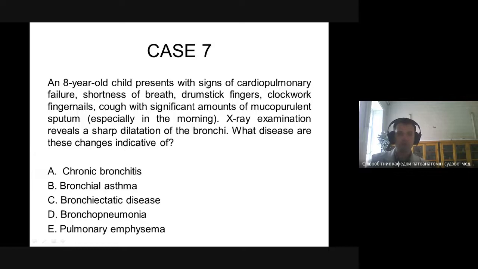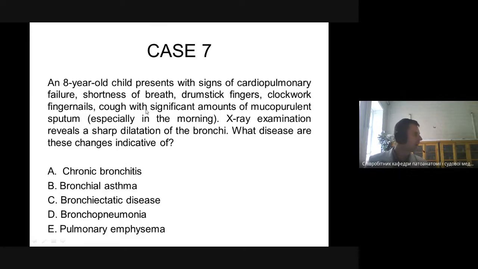First of all, you should understand that shortness of breath, drumstick fingers, clockwork fingernails are non-specific. They are just signs of cardiopulmonary failure. So they had cardiopulmonary failure and then they repeated what exactly was revealed in that patient: mucopurulent sputum. Significant amounts.